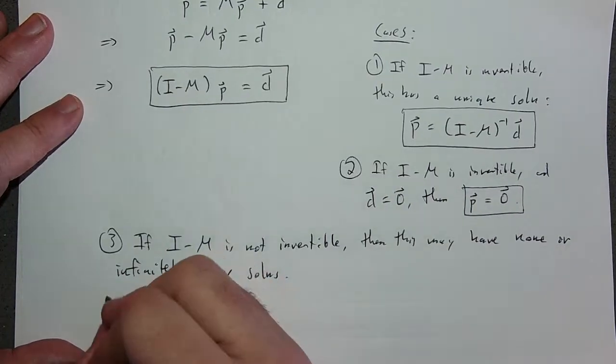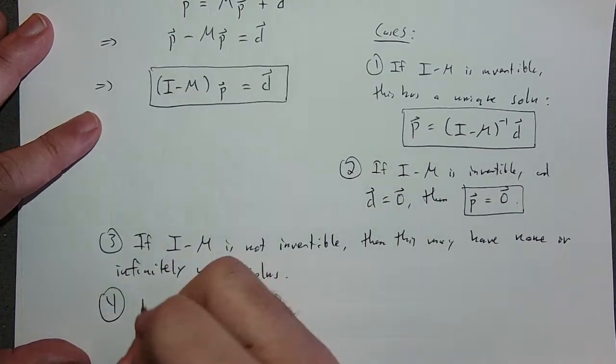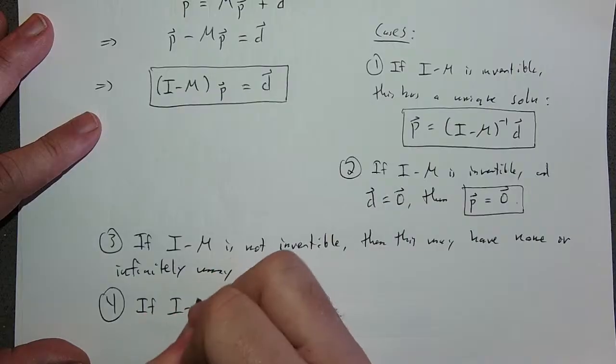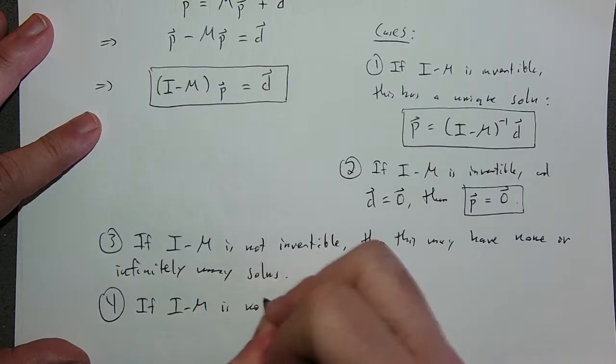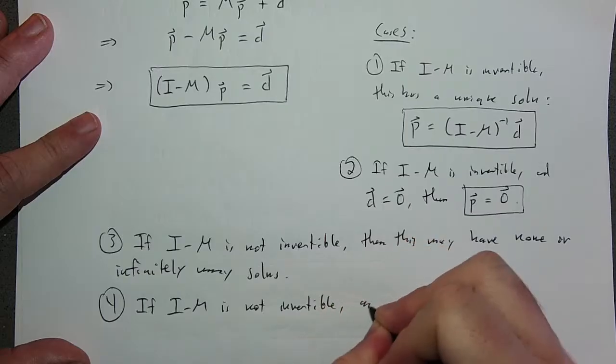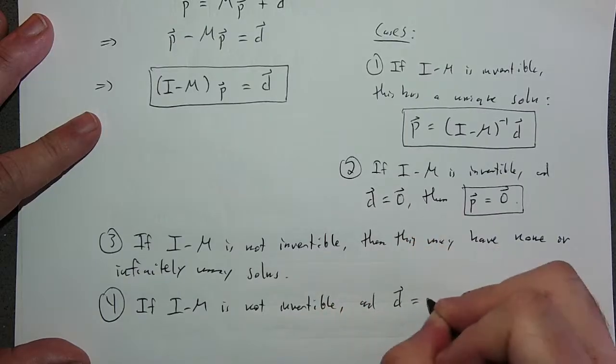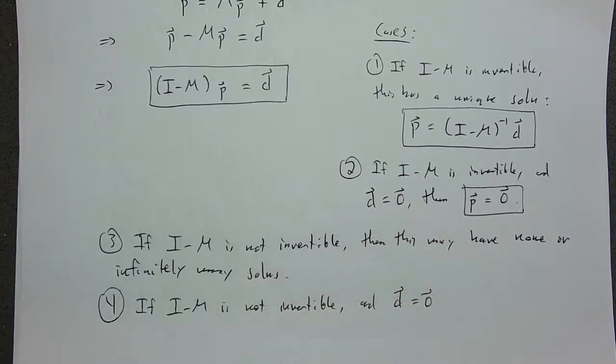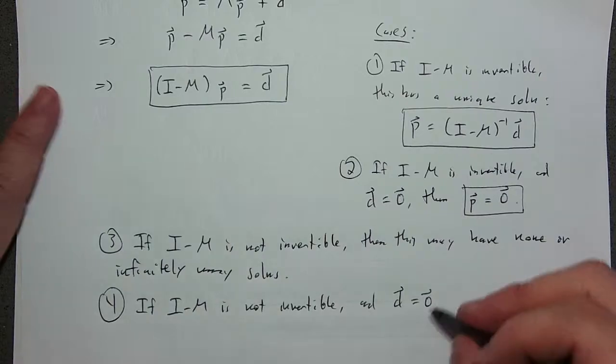Now, if I minus M is not invertible, and the economy is closed, then there are infinitely many solutions.